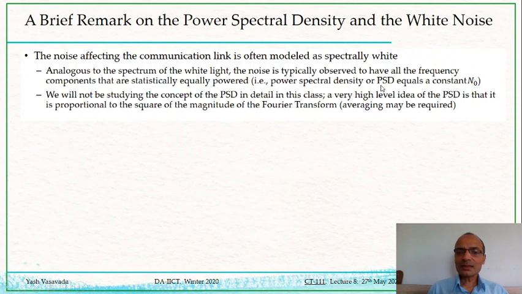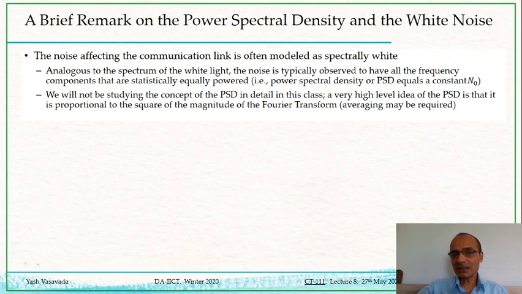The power spectral density is essentially the power that is contained at a particular frequency in a given signal. And you can evaluate that power by squaring the Fourier transform of the signal or the noise at that frequency. So that is the general concept of PSD.